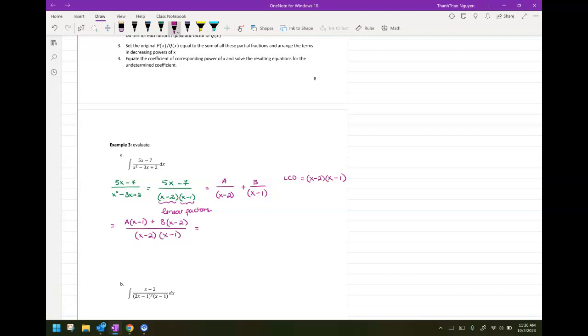Let's go ahead and multiply the numerator and combine like terms. So ax minus a plus bx minus 2b divided by the denominator. We will group the terms with x together.